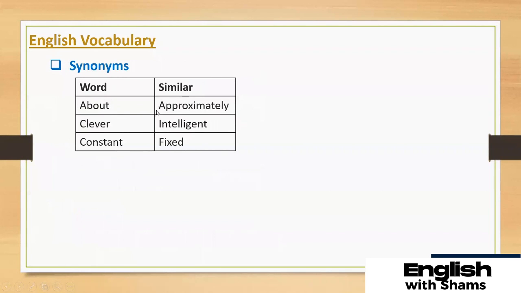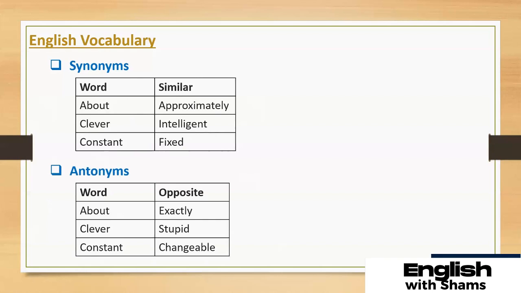Like about and approximately. Both words have similar meaning. Then clever, similar meaning intelligent. Then constant, fixed. Okay, so synonyms, similar words. Then we have antonyms, opposite words. Like about means exactly, clever, stupid, constant, changeable, right?